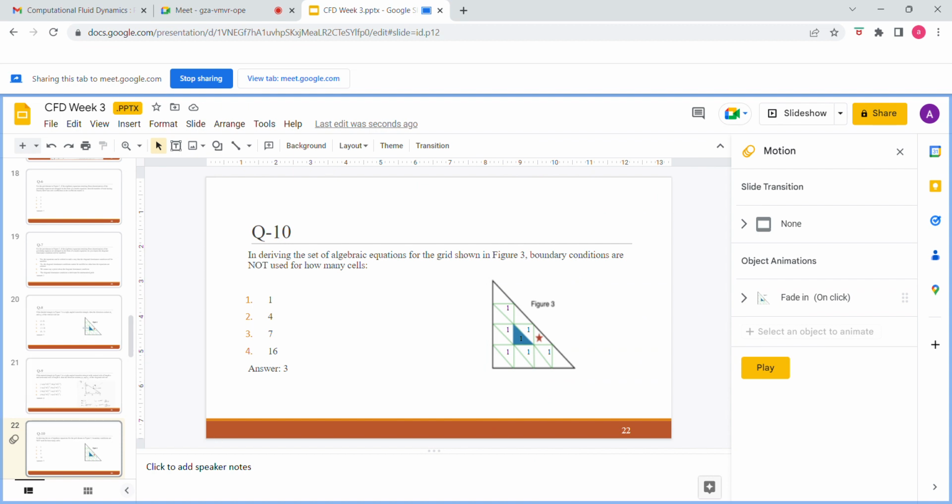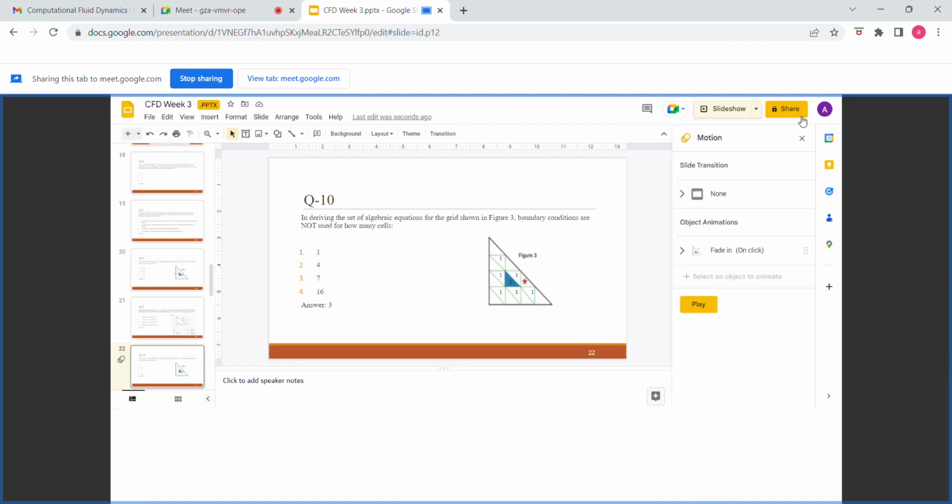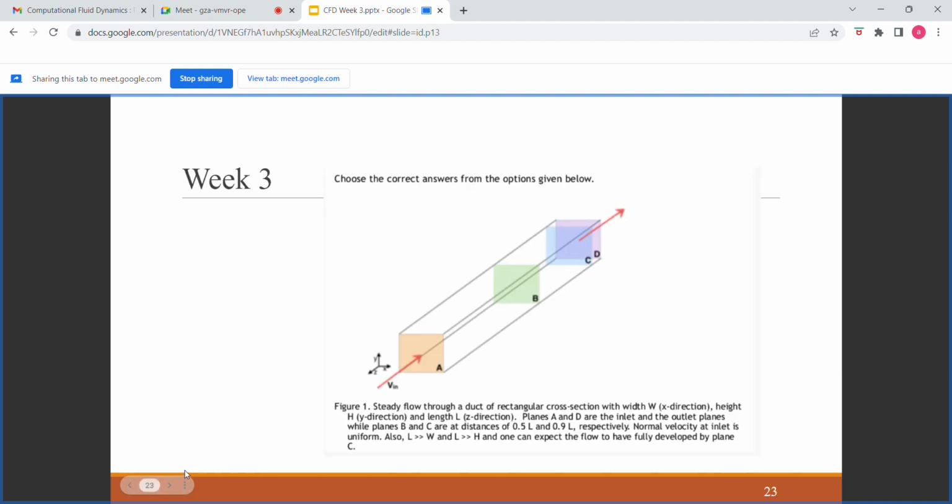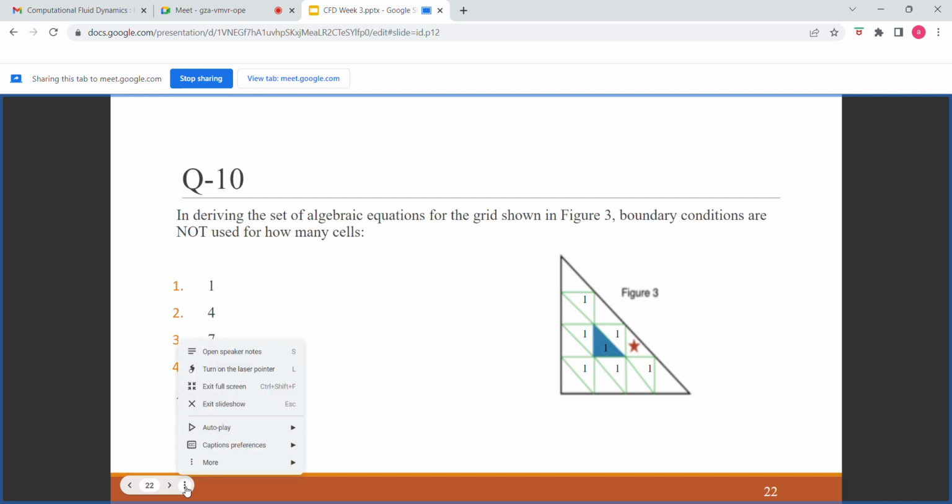In deriving the set of algebraic equations for the grid shown in figure 3, boundary conditions are not used for how many cells? In this it is seen that we'll be using boundary conditions for all those cells associated with the boundary.